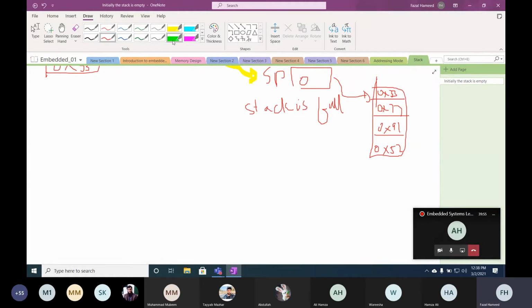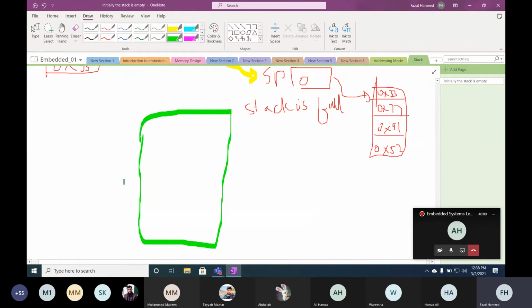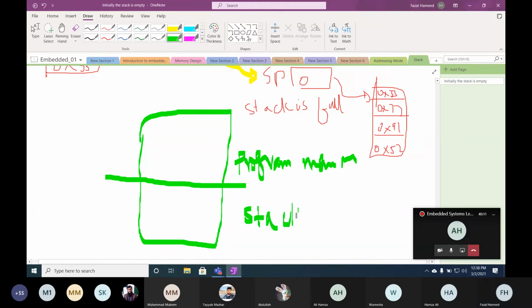Let's assume the memory is divided into two portions. This is called program memory, and this is called stack memory. Let's assume that the program memory consists of 4 locations.